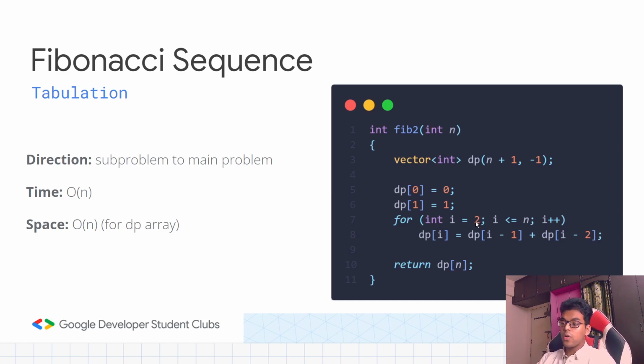So we run a for loop from the 2nd index to the nth index, increasing by 1 for each iteration. DP of i being the Fibonacci of the ith term, which is itself dependent on the summation of the i-1th and i-2th term. The final answer will be stored in the last index of the DP array, DP of n, and that is returned as the final answer.